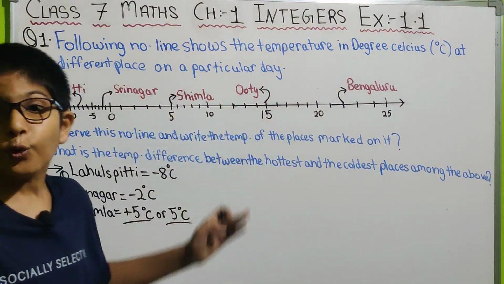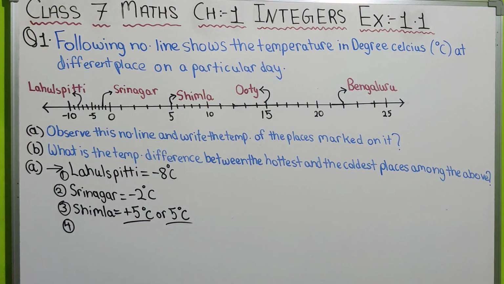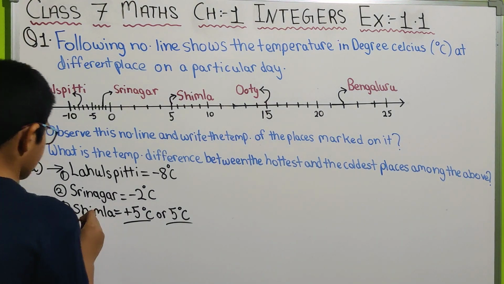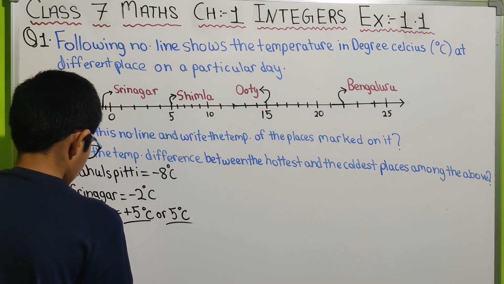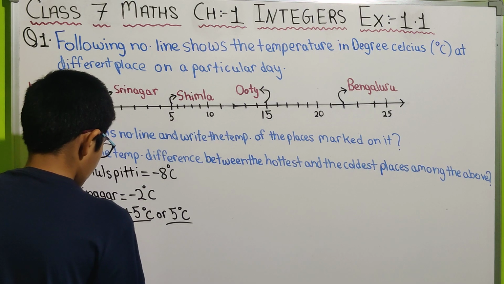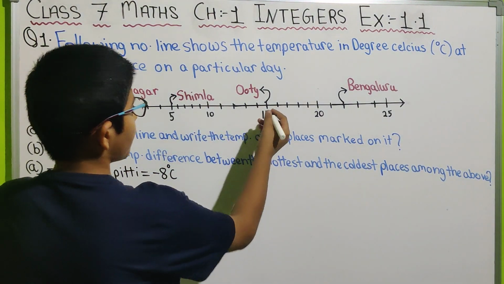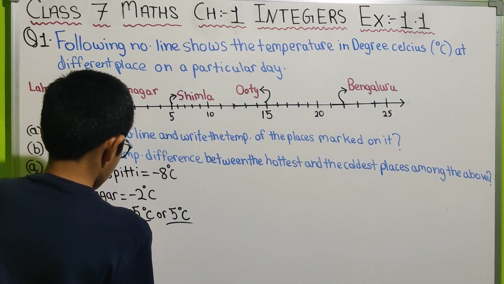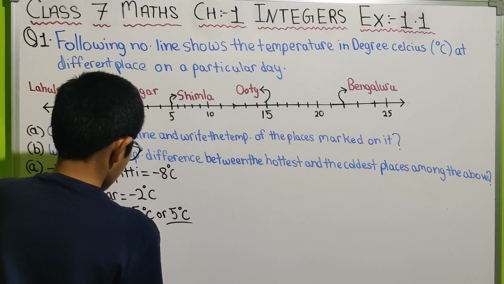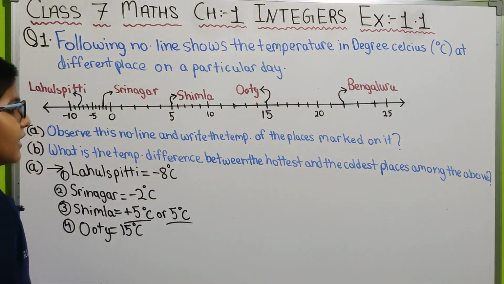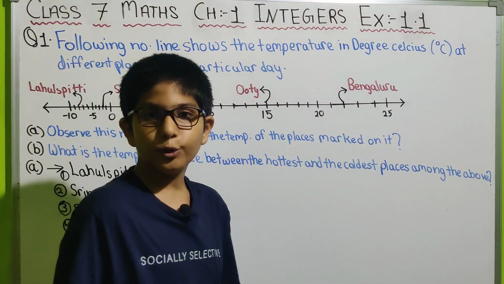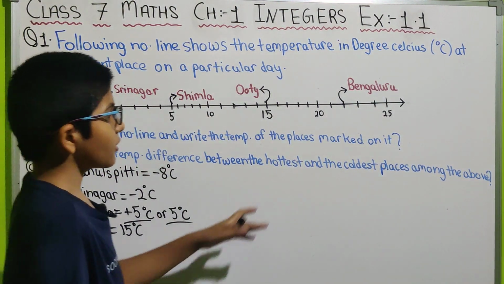The fourth one is Ooty. Ooty is a town in Tamil Nadu. Ooty is given. How much is Ooty's temperature? Ooty is 15 degrees temperature. 15 degrees Celsius. After that, Bengaluru. Bangalore temperature is how much?